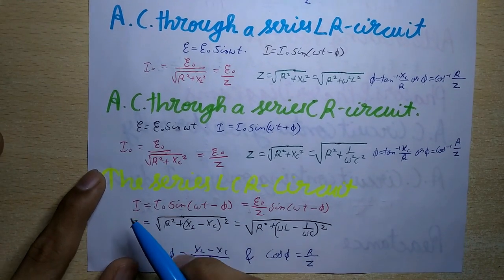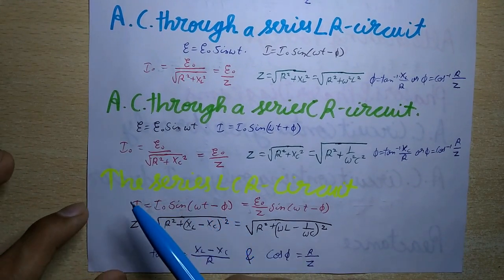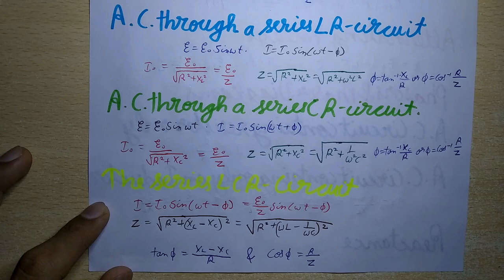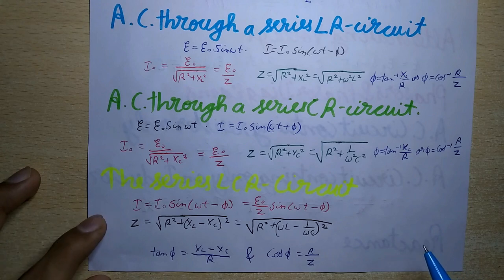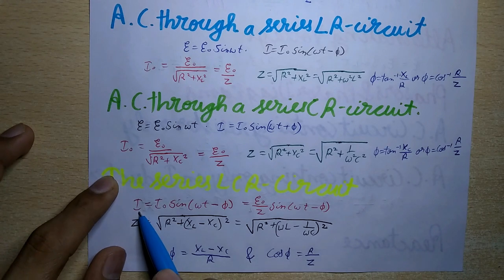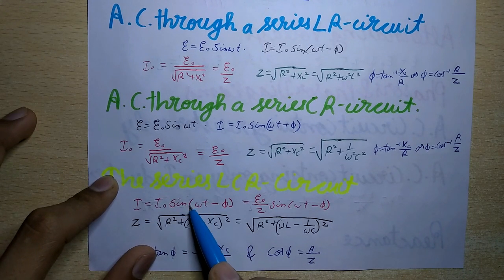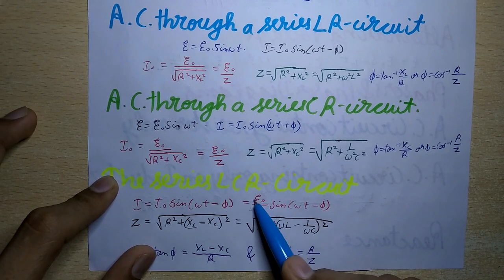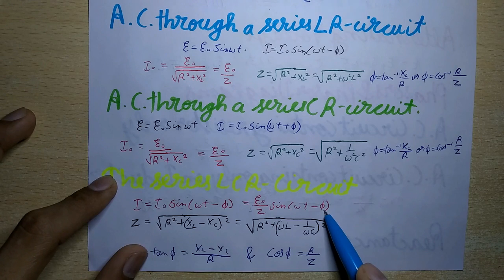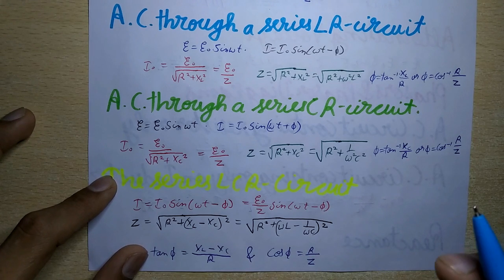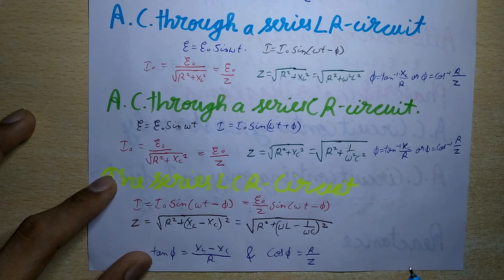Now the series LCR circuit. For a series LCR circuit connected across a source E = E₀ sin ωt, the current I is given by I = I₀ sin(ωt − φ) = (E₀/Z) sin(ωt − φ), where this Z is the total effective resistance of the LCR circuit and is called its impedance.